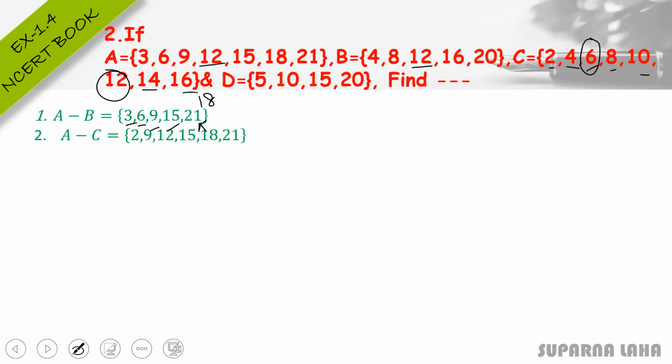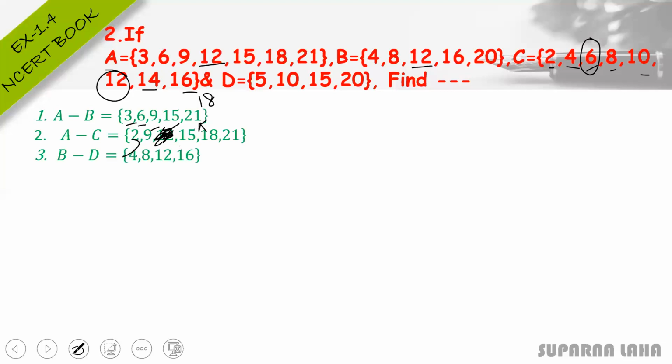So A minus C is 3, 9, 15, 18 and 21. So remove this 12. 12 is also a common element between A and C. So 3, 9, 15, 18 and 21.